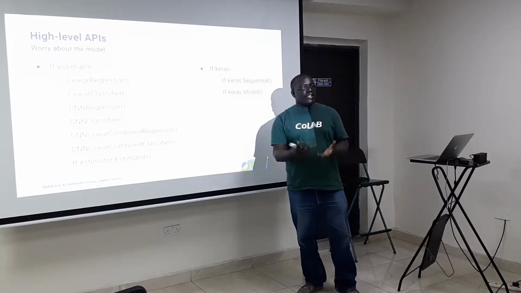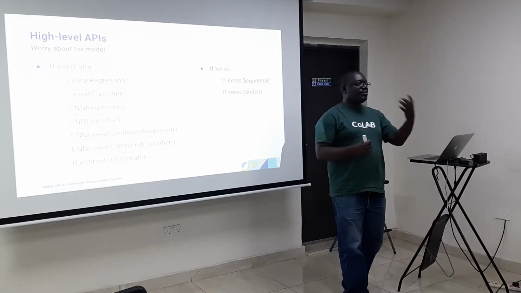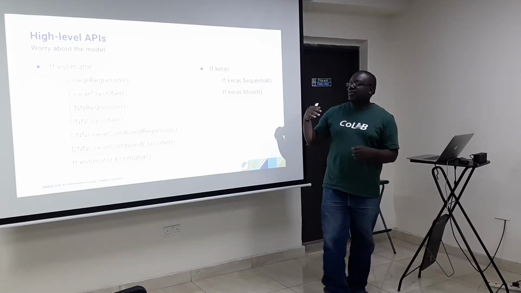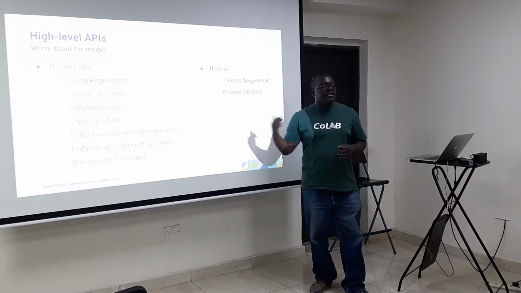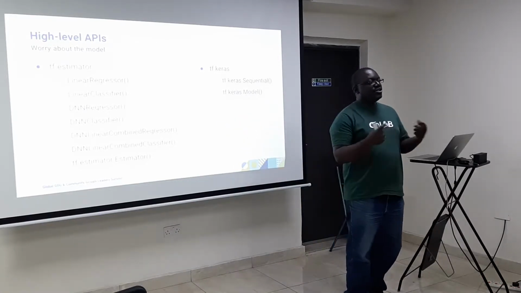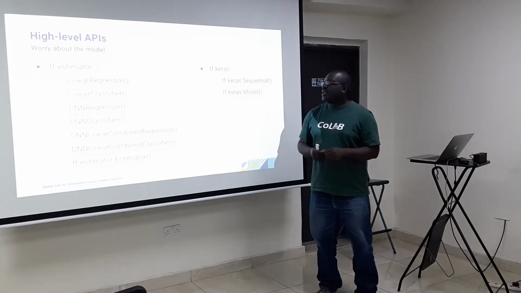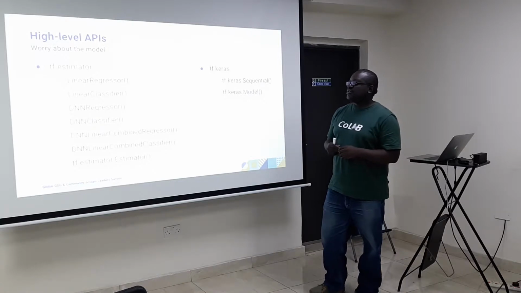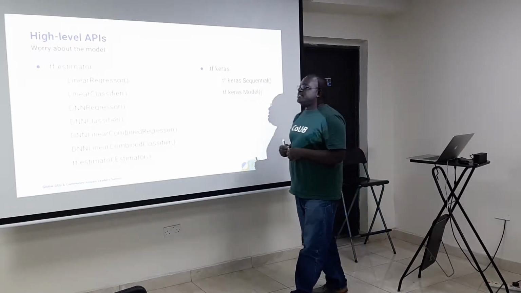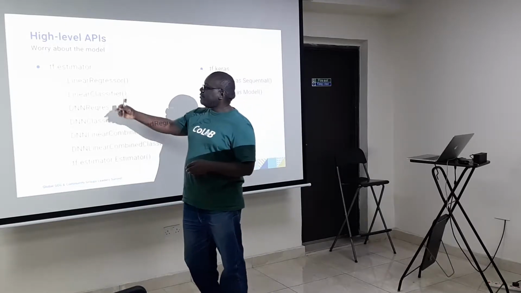So if the task that you'd like the computer to carry out is to put these things in a category, then what you need is a classifier. But if what you're trying to do is predict a continuous numerical variable, then what you need is a regressor. Now, the estimators themselves also provide different types of classes.